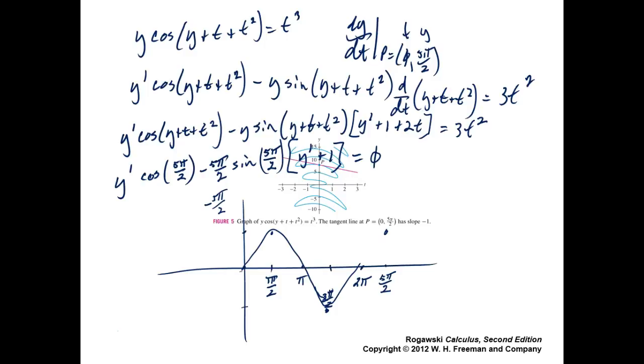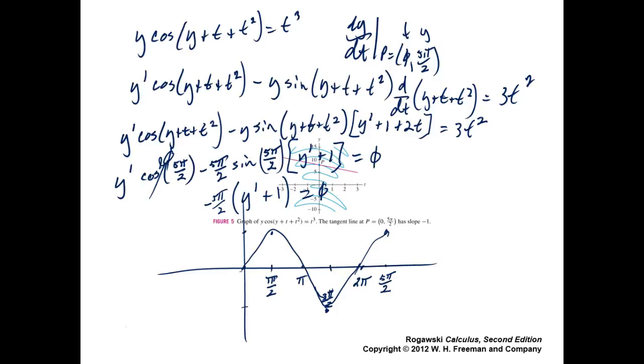All right. Where we were here, we had y prime times the cosine of 5 halves pi. We've already talked about that. That's 0. Cosine is 0 at all the half pi's. So that part is 0. Minus 5 halves pi times the sine of 5 halves pi, which we just saw is plus 1. So that's minus 5 halves pi times y prime plus 1, and that's equal to 0. That's a lot simpler equation than what we had before.